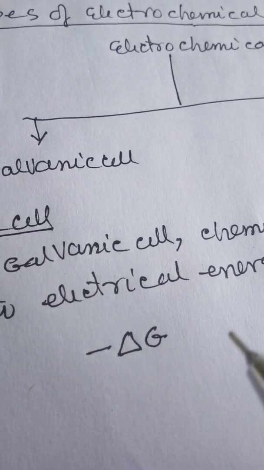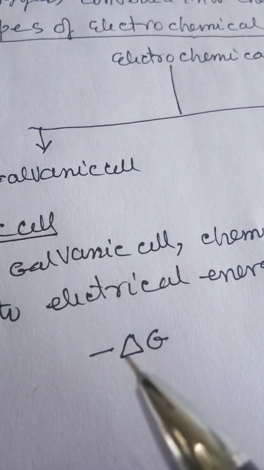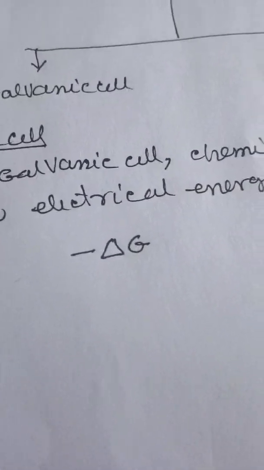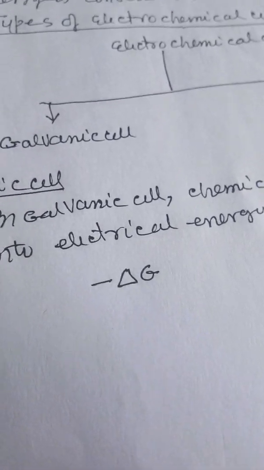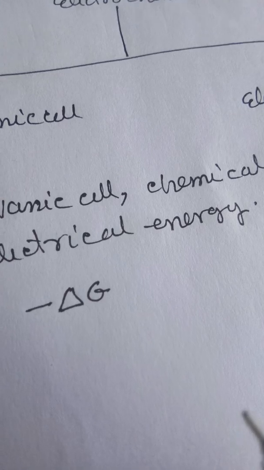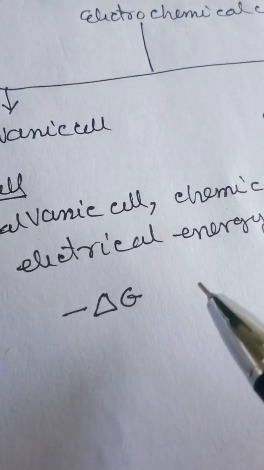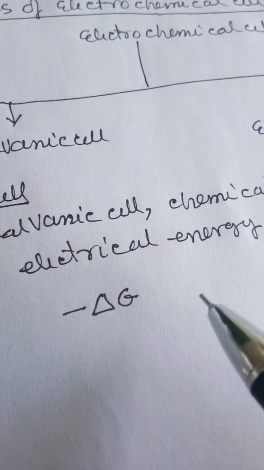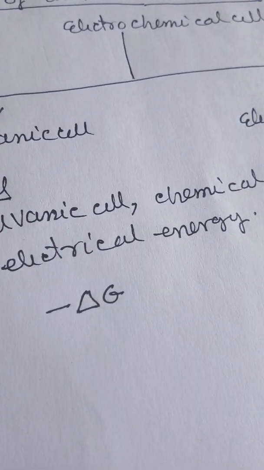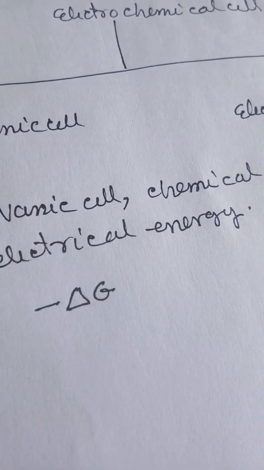If there is no chemical reaction between reactants, the value of delta G will be positive, meaning no chemical reaction is possible. So minus delta G means decrease of free energy. This decrease of free energy can be represented as the electrical work.